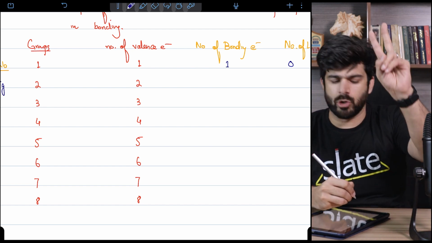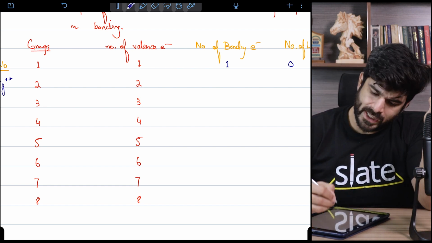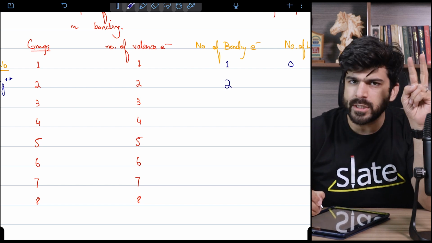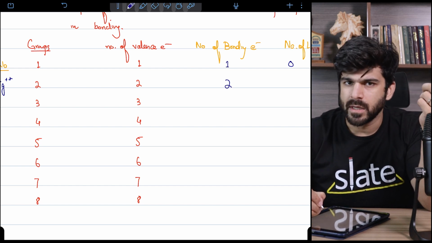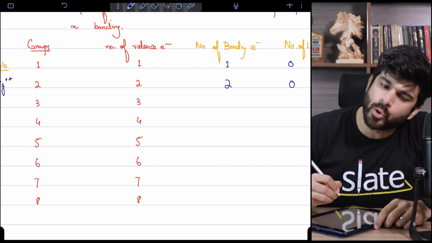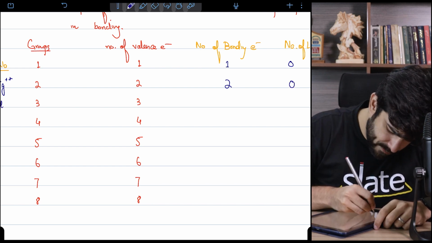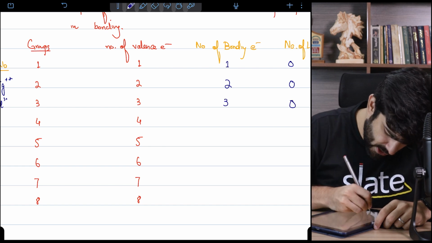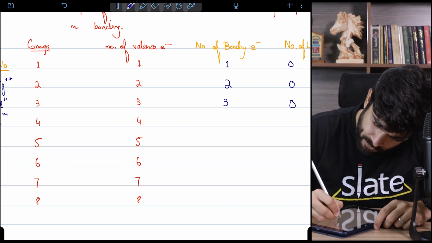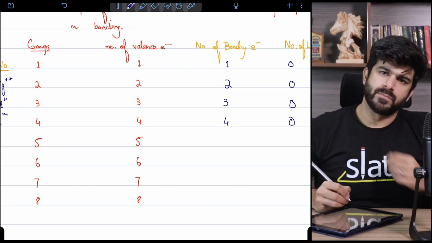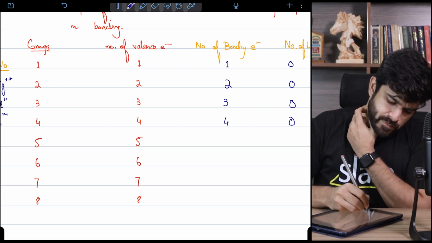Remember, it loses 2 electrons to make Mg2+. So it has 2 electrons and both of them are involved in bonding. Although it has a pair, both the electrons are involved in bonding. So 0 lone pair. Aluminum, all 3. Silicon, all 4 of them are bonding.